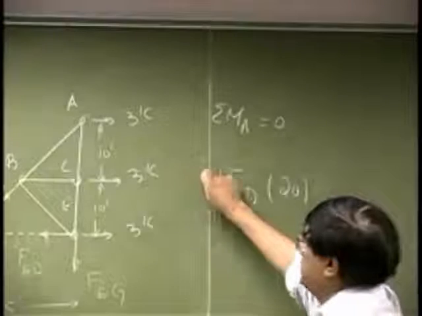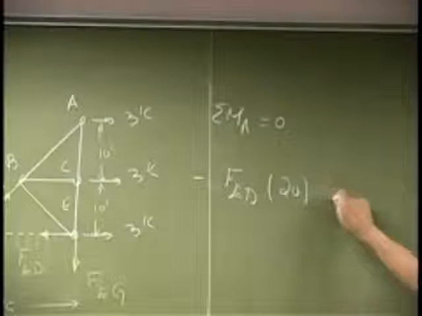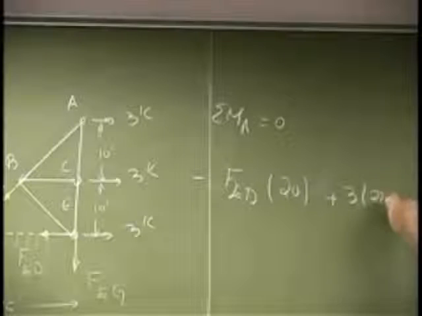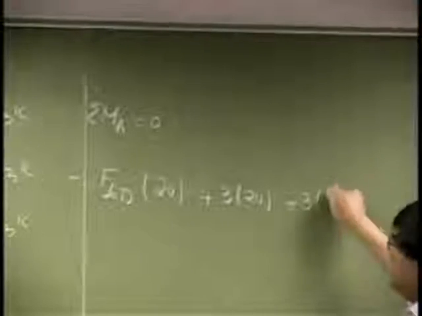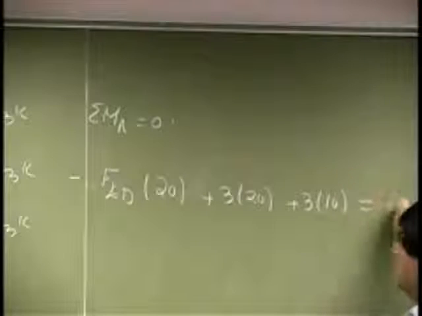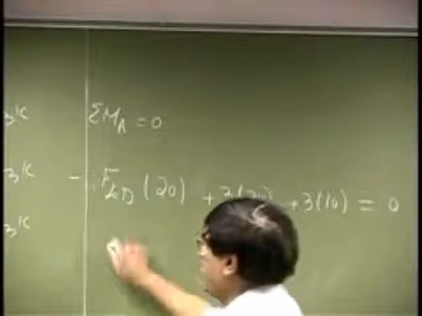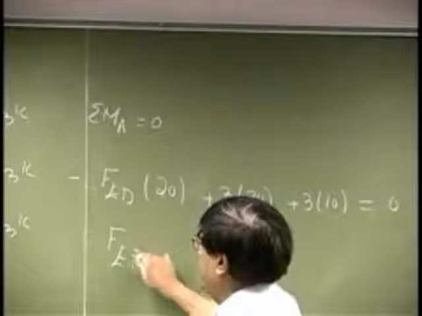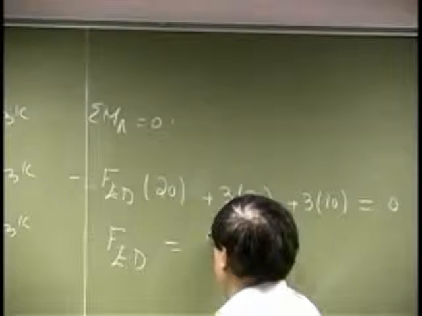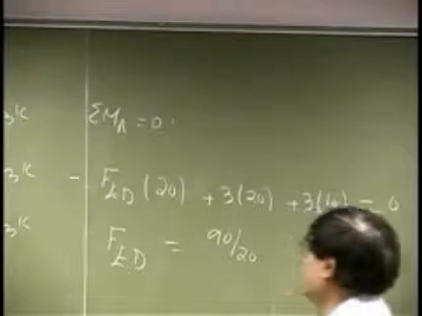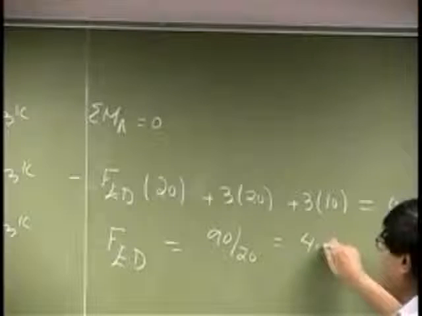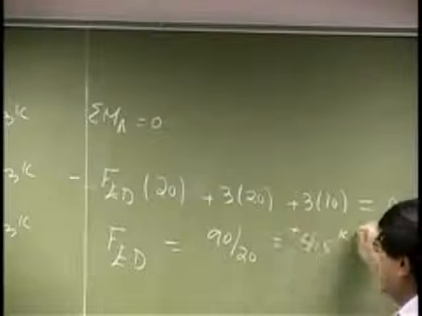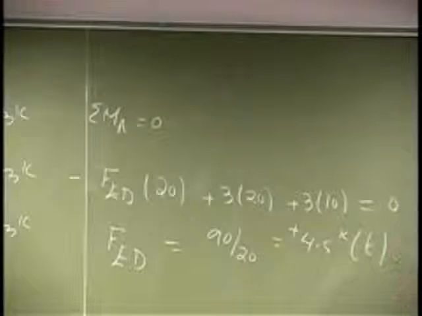That's clockwise, so you place a negative. Then we have 3 times 20, that's counterclockwise, so positive. Another 3 times 10, and that goes to 0. So you get FED as 90 over 20, or 4.5 kip, came out positive, remains in tension.